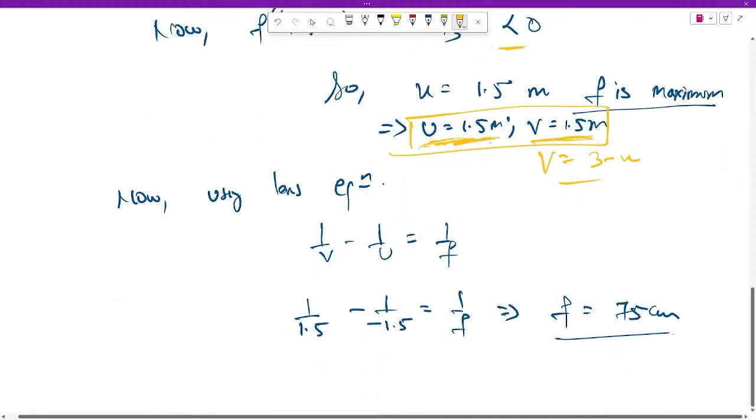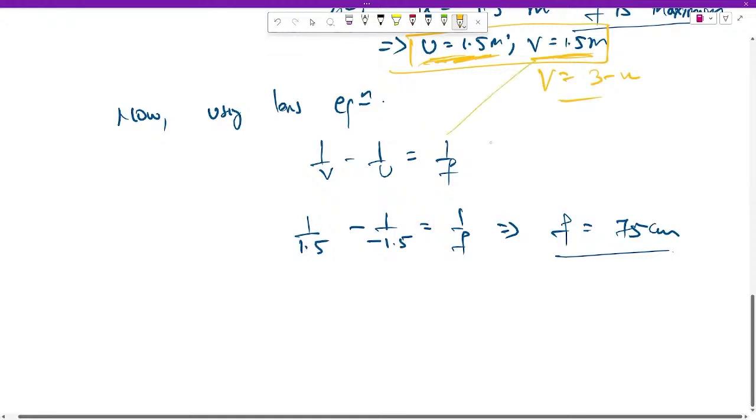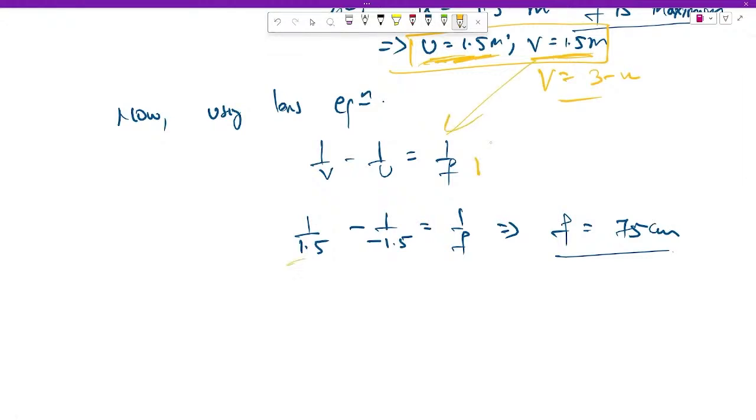Now using those values in the lens equation with proper sign convention, we come to the conclusion that 1 by f is equal to 1 by 1.5 minus of minus 1 by 1.5. Now upon calculation we will get the value of focal length as 75 centimeter.